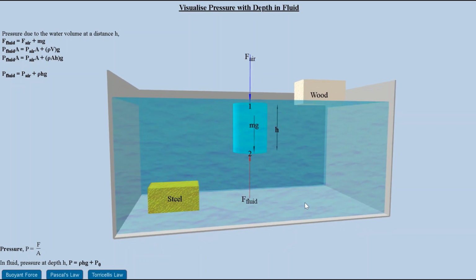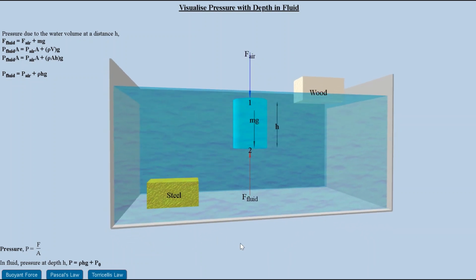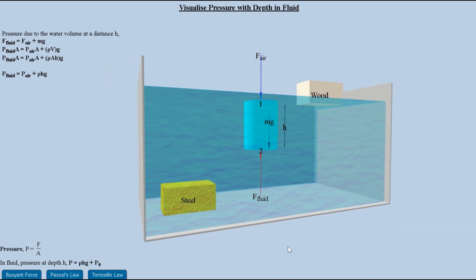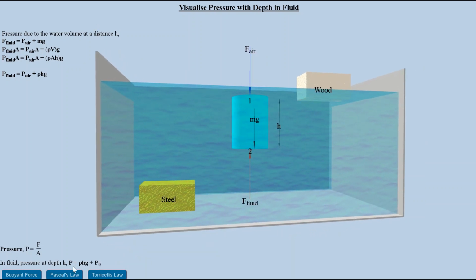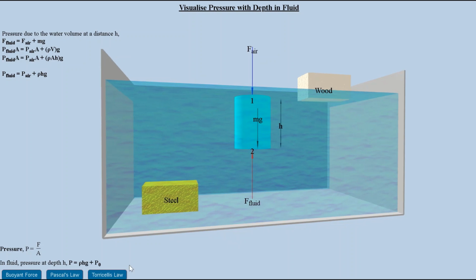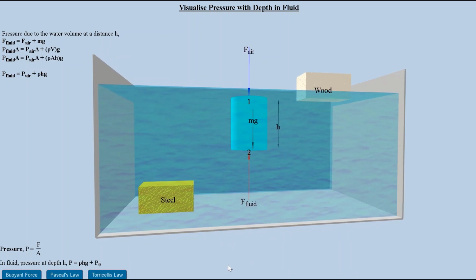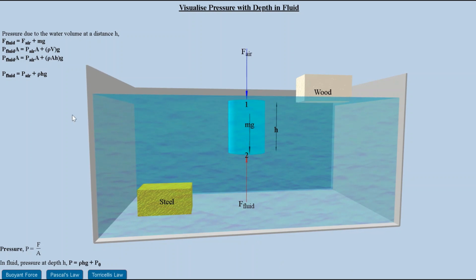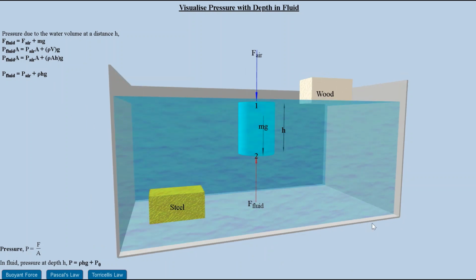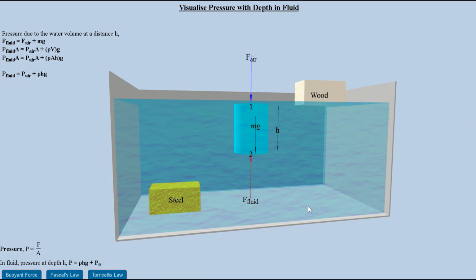So, the net downward force is equal to the sum of these two forces. Replacing mass with density times volume, we obtain a new relation for pressure at a depth. This pressure varies with the depth of the fluid.